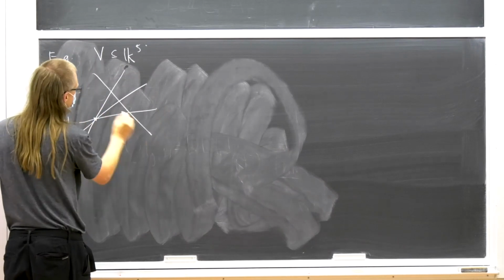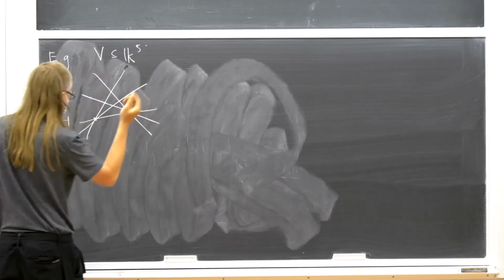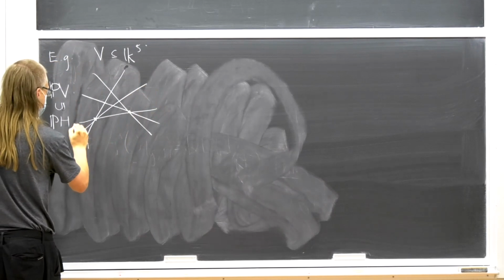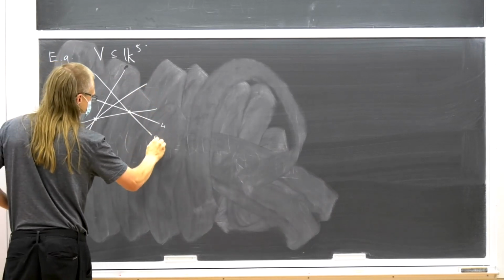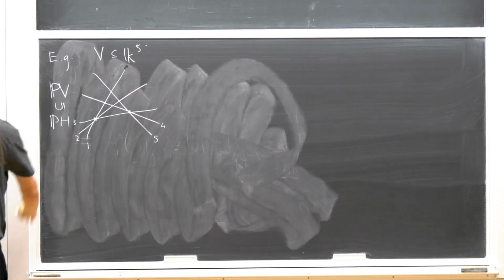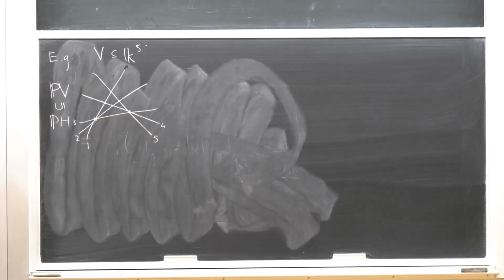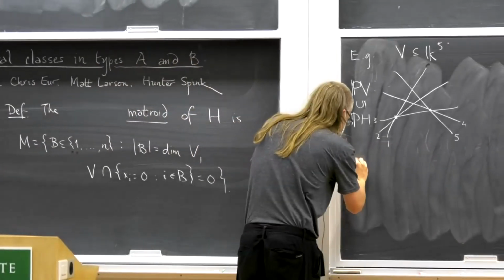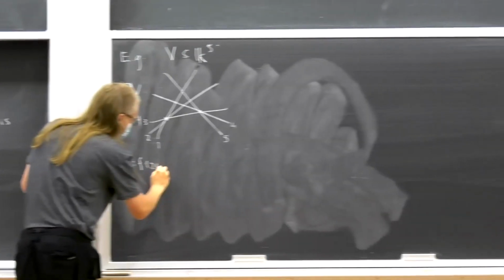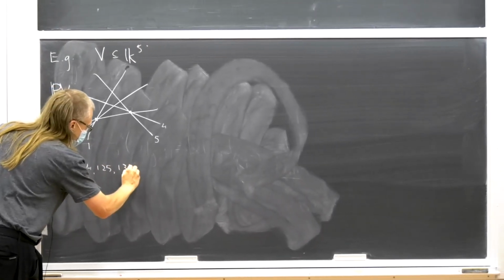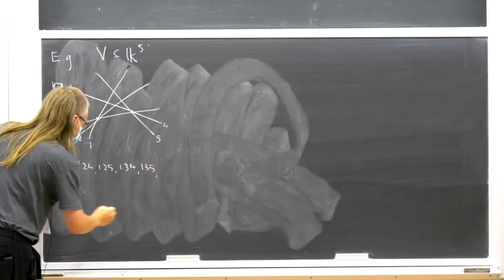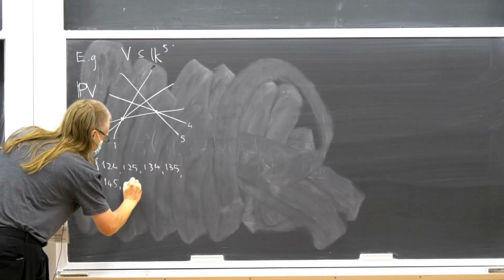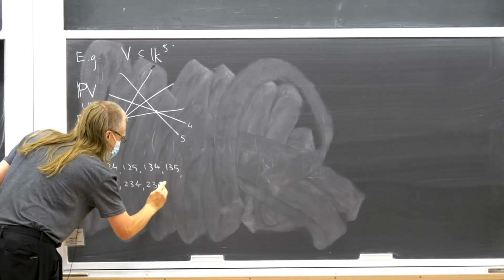That's a triple point. That's a triple point, say 1, 2, 3, 4, 5. So 1, 2, 3, and 3, 4, 5 do not intersect transversely, but all the rest of the triples do. So I write down that set system, I exclude 1, 2, 3, and 3, 4, 5, and the rest of the sets are my matroid.